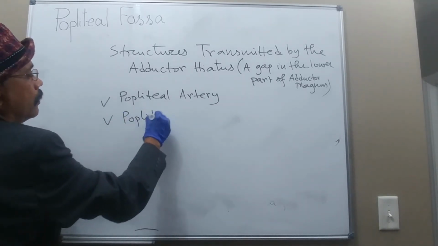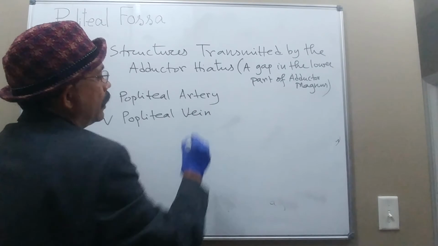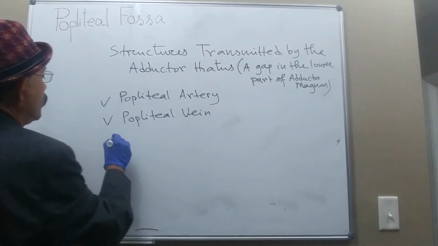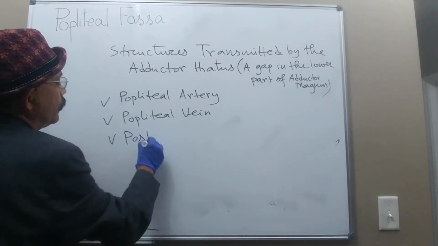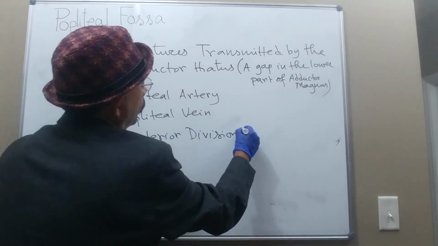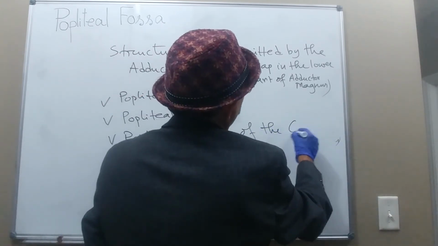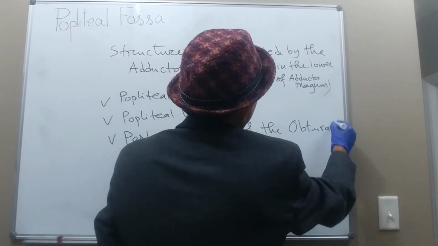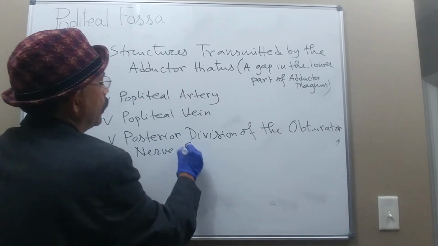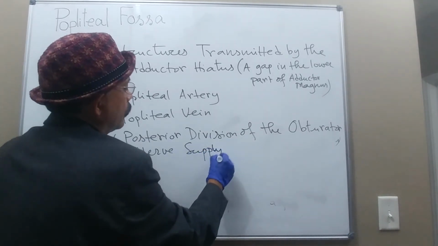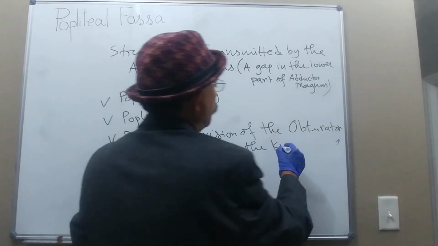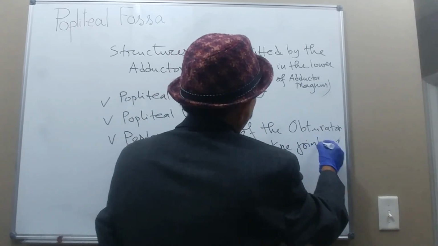The popliteal vein that ascends to the subsartorial canal or adductor canal, and the posterior division of the obturator nerve, supplying or innervating the knee joint, the fibrous capsule area, the knee joint capsule.